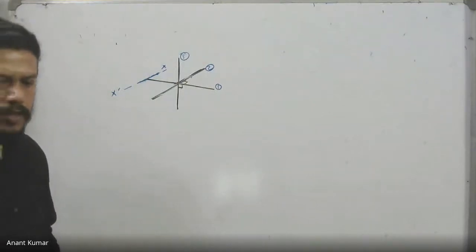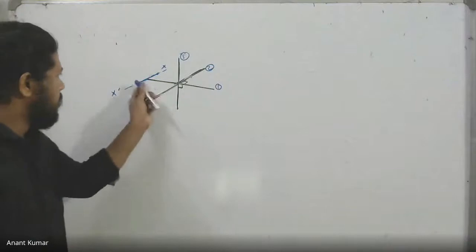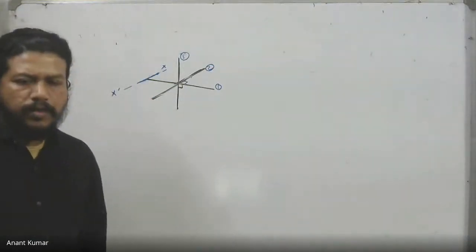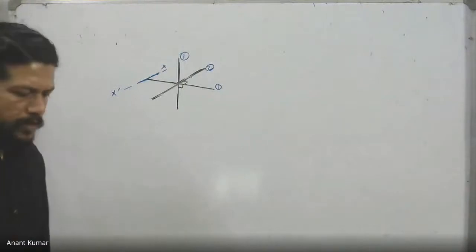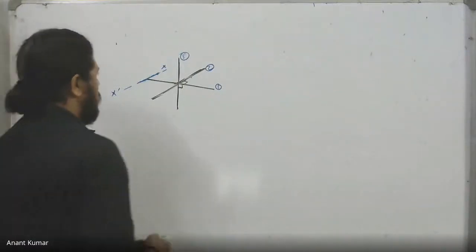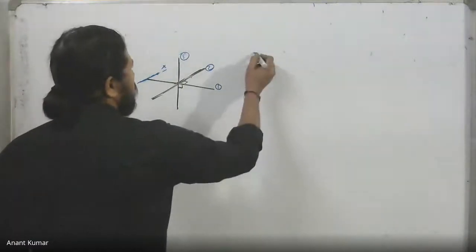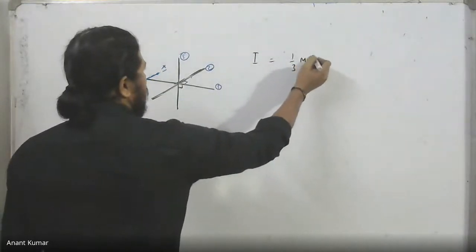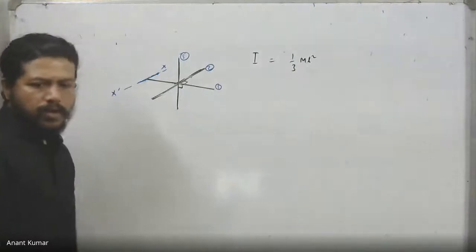The first rod is quite easy because the axis is at the end, perpendicular to the rod. It will be nothing but 1 by 3 ml square, isn't it? So at least that much is straightforward. We get 1 by 3 ml square so far for rod number 1.